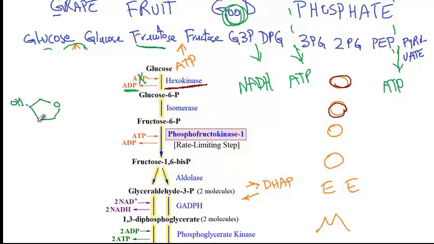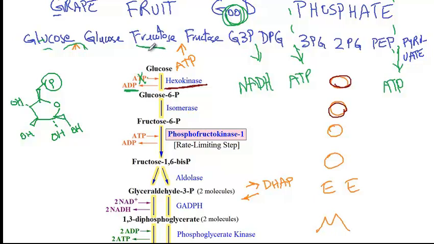OH, and then here we have the phosphate group. So instead of drawing all the O's and P's and so on, for simplicity I'm just going to show a circle with a P inside for the phosphate group. Right now we have fructose 6-phosphate.